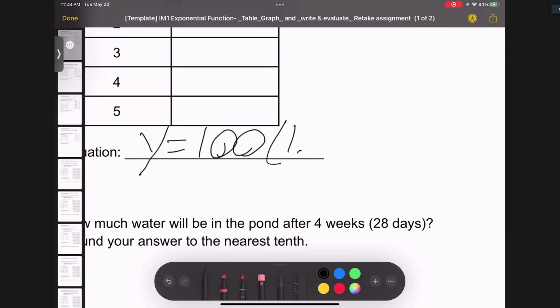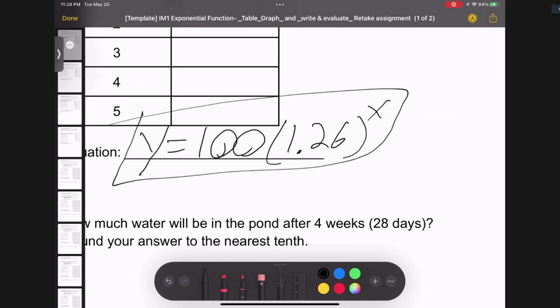So this is going to be 126%, which is going to be 1.26 for the multiplier, which is letter b. And then you are not putting a 0, you're putting an x. I'm not sure why I put a 0. So you're going to be putting an x right there. This is your equation for this problem.